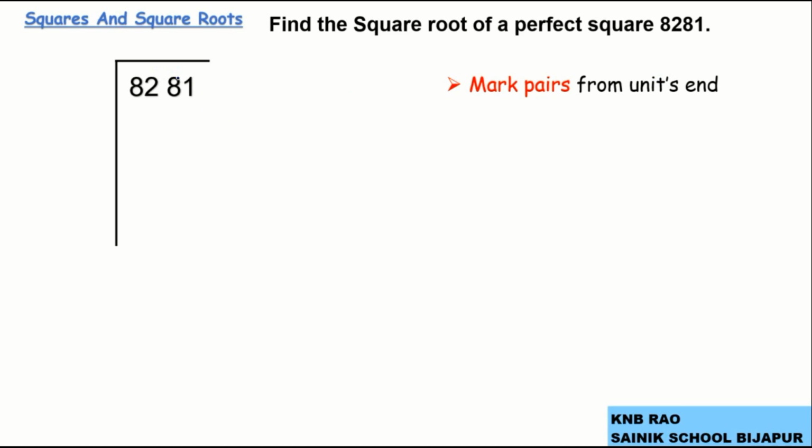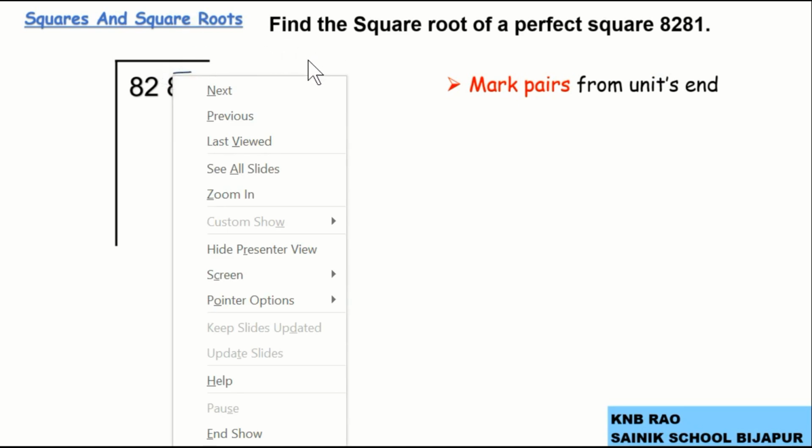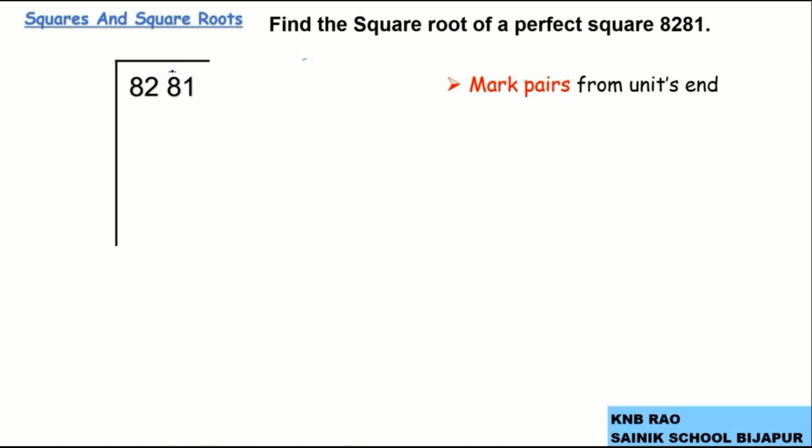Here units end is this one, so first pair will be 81. We have first pair being 81 and second pair being 82, but amongst them leftmost pair is 82. So what we need to remember as a short rule is mark pairs from units end. This is what we have to remember.